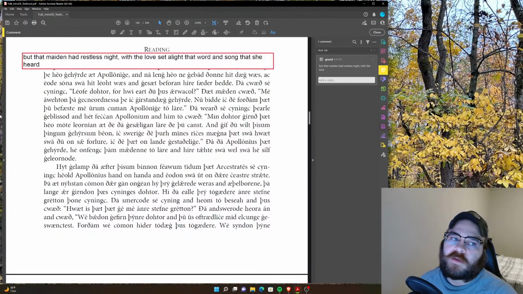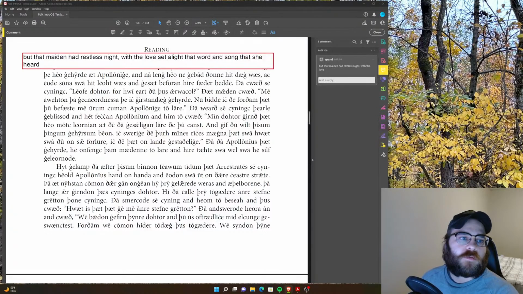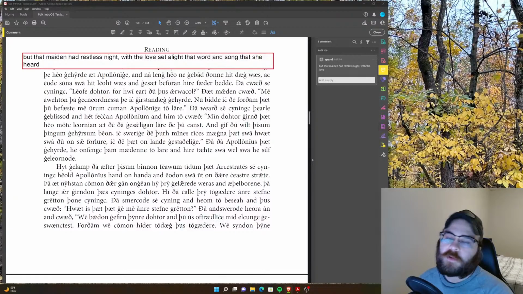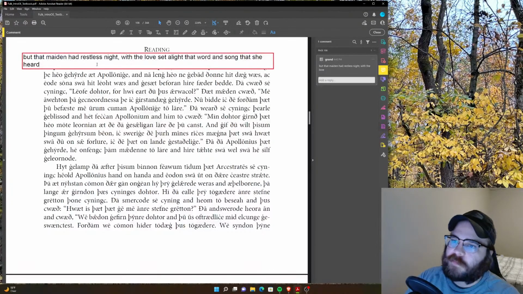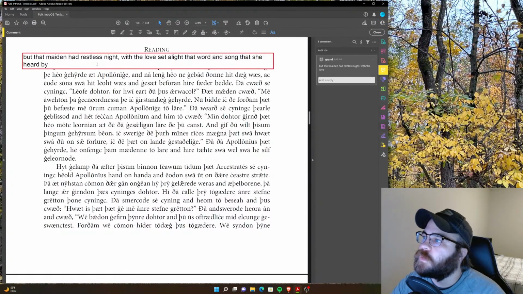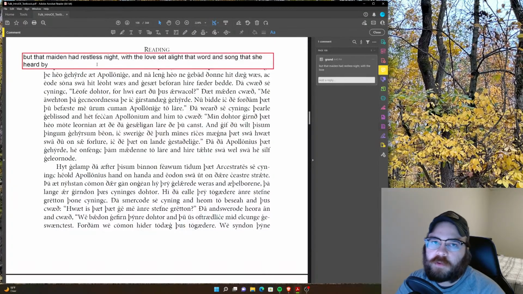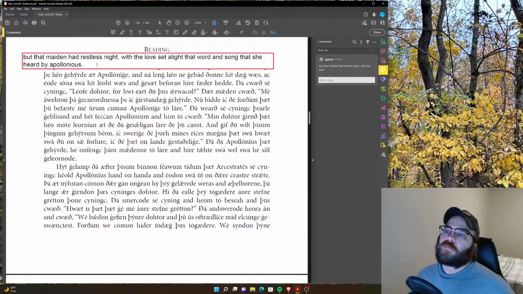At Apollonius. So we go back to our little dictionary here. Æt, just to be sure, and it is to or at. So she heard by. By would be how we would, if we were translating sense for sense, we would use by here idiomatically instead of to Apollonius. So, our first sentence here, pretty fun, pretty easy.